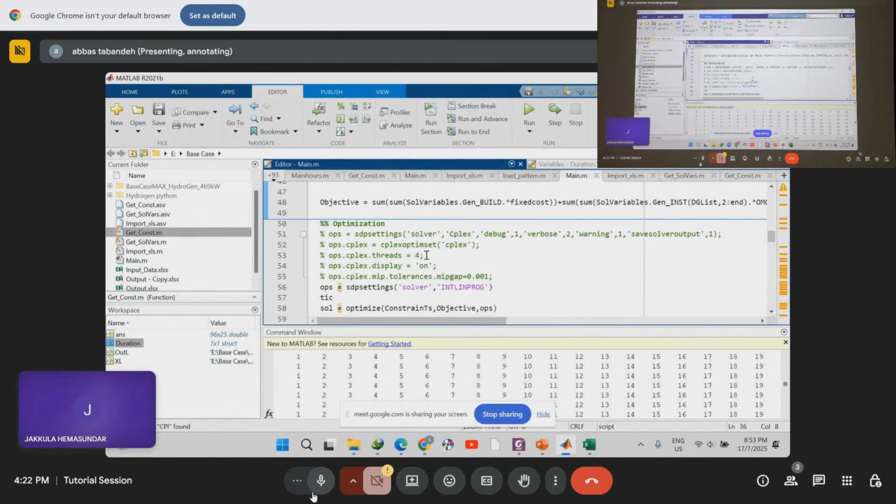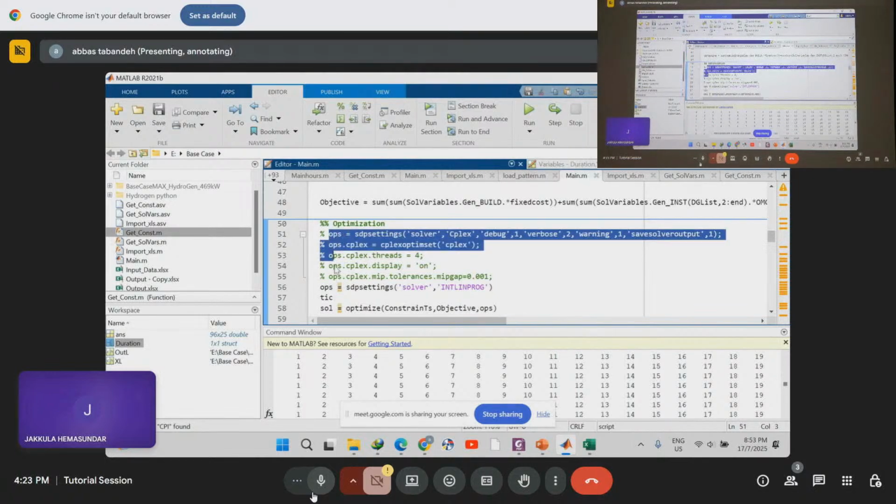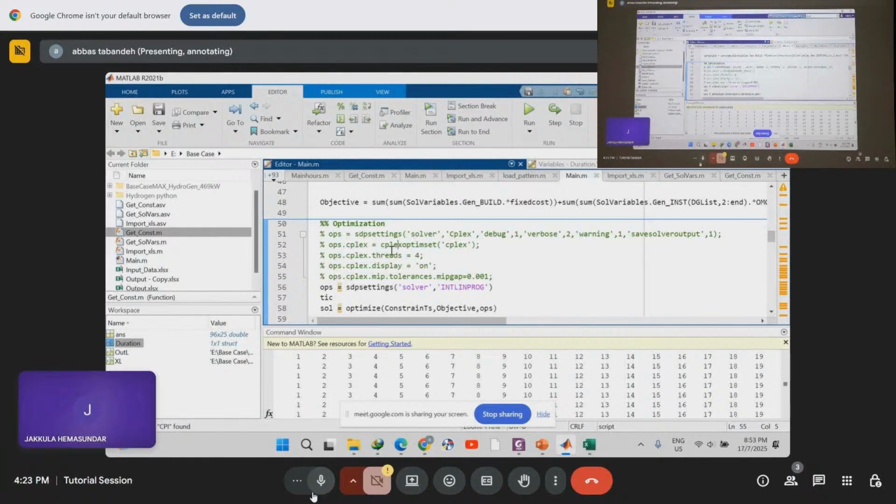And next step is to define the settings for our optimization problems. At this stage, I disable these lines because you don't have Cplex installed in your PC. We would like to use this solver instead of Cplex.